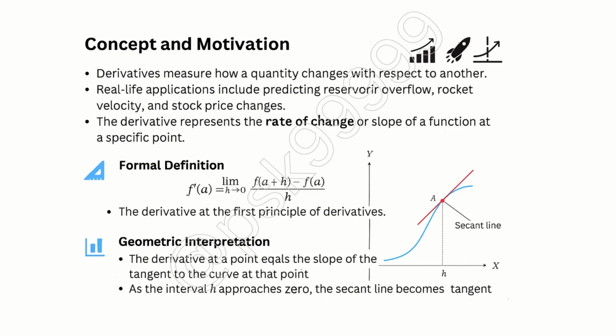Then you slowly reduce the distance between those two places. If it is AB, and you start reducing AB, then the secant will slowly be touching the curve at one point. That is nothing but a tangent, correct? So the secant line will become a tangent when you apply the limit definition, correct?